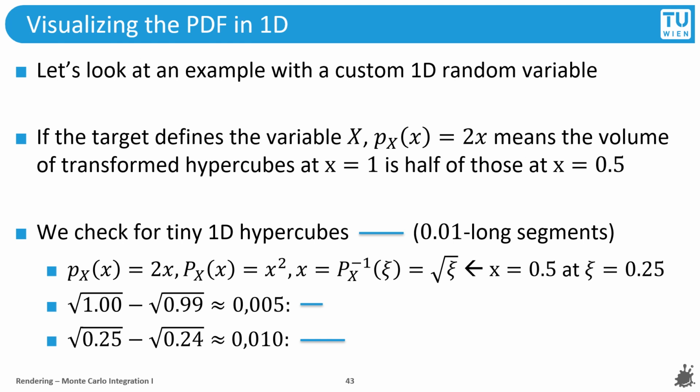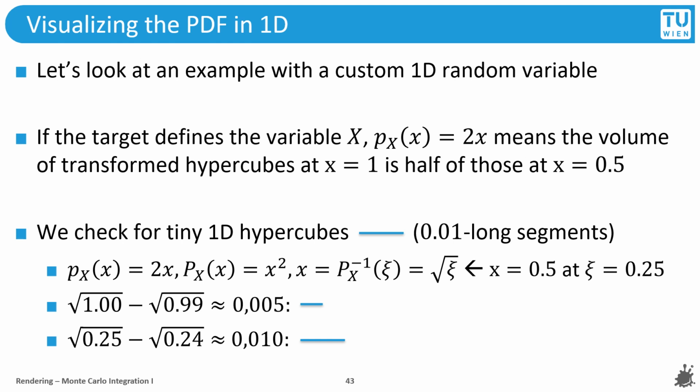Let's take a look at an example with a single custom random variable. This random variable x has a PDF that equals 2 times the input coordinate x, which means, for example, the volume of the infinitesimal hypercubes that we mentioned before at coordinate x equals 1 is half of those at coordinate x equals 0.5.